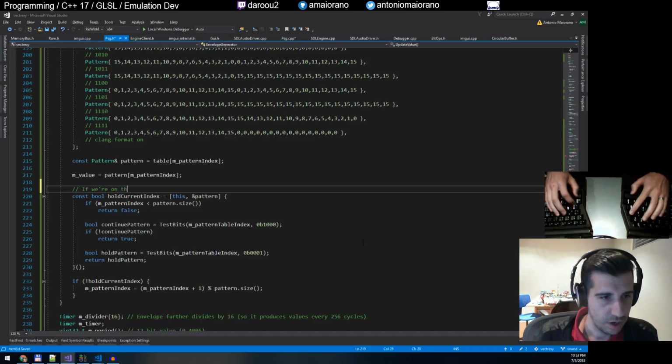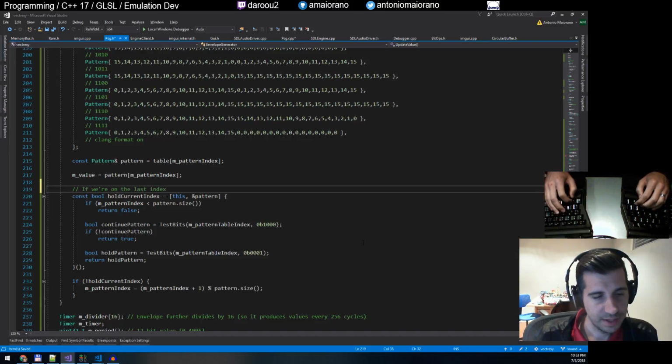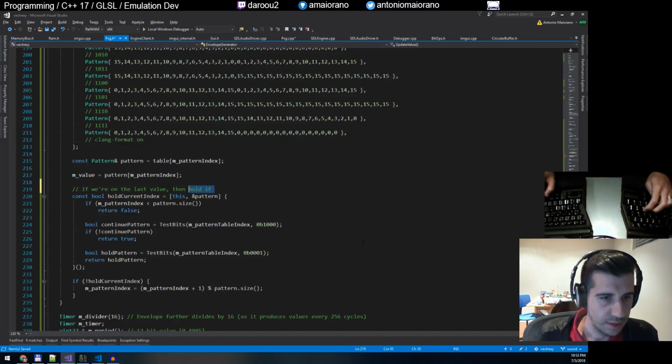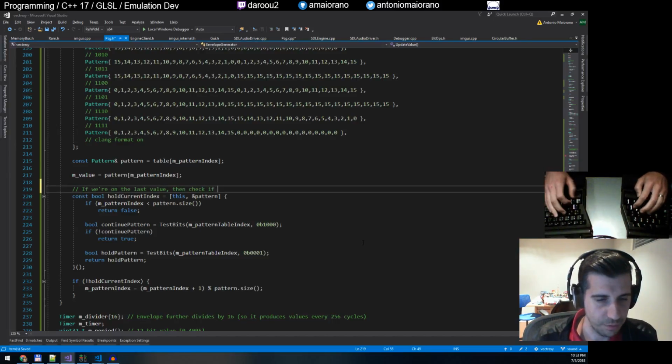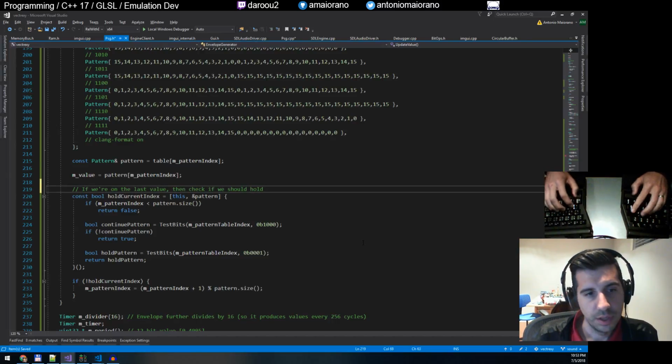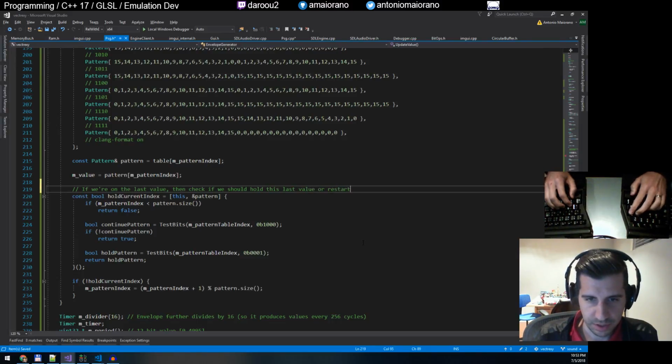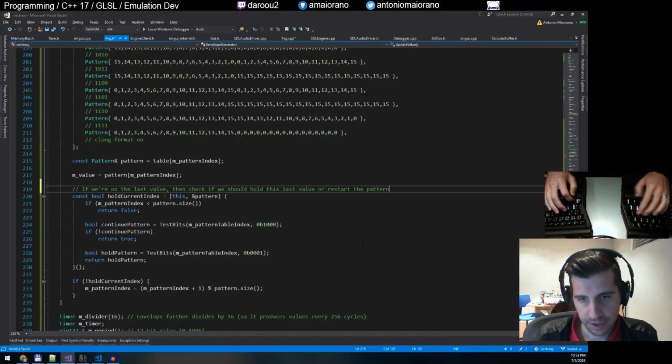If we're on the last index, on the last value, then check if we should hold this last value, or restart the pattern.